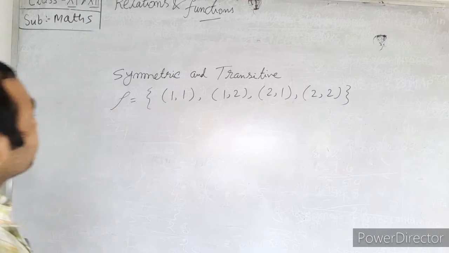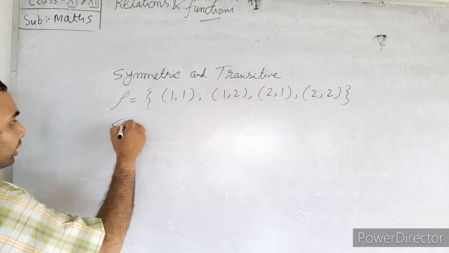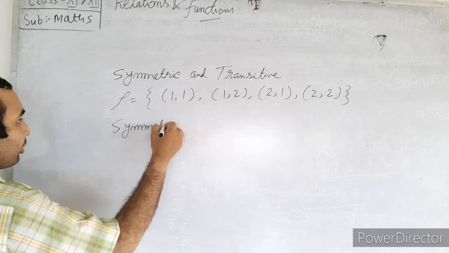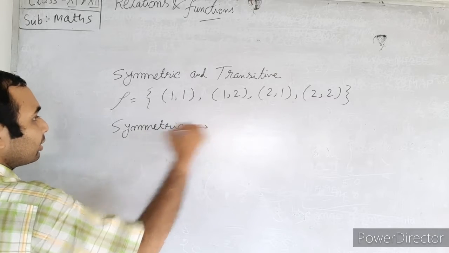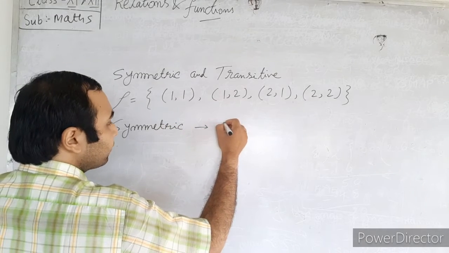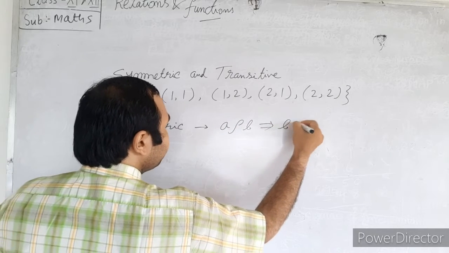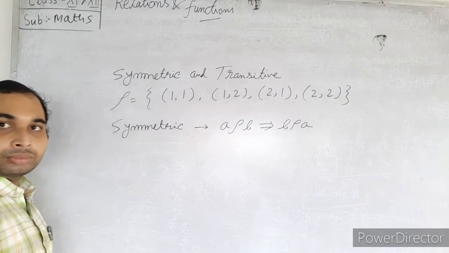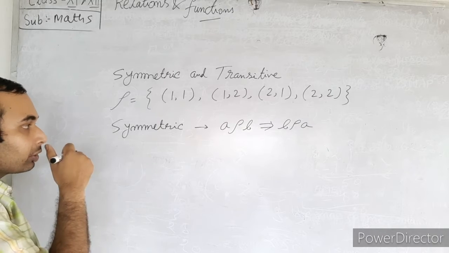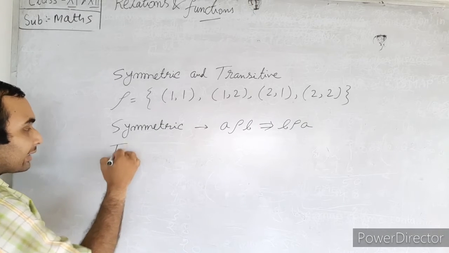Now, my point is, symmetric says if A rho B, then B rho A will hold. This is the definition of the symmetric relation. What does transitive say?